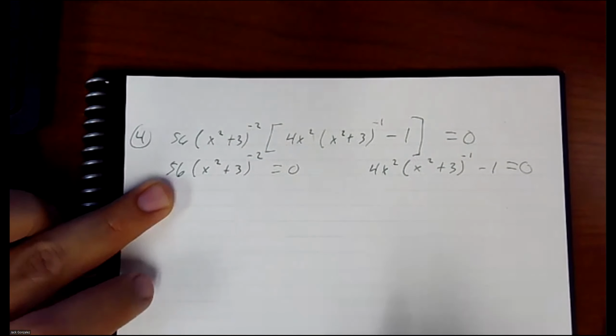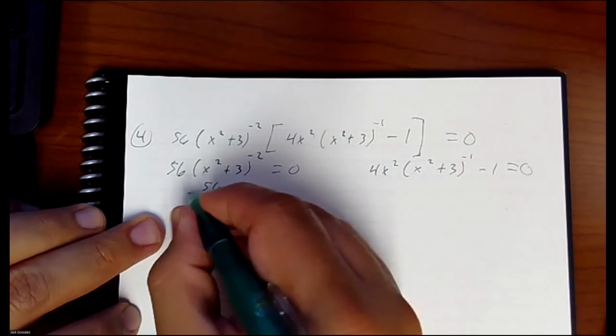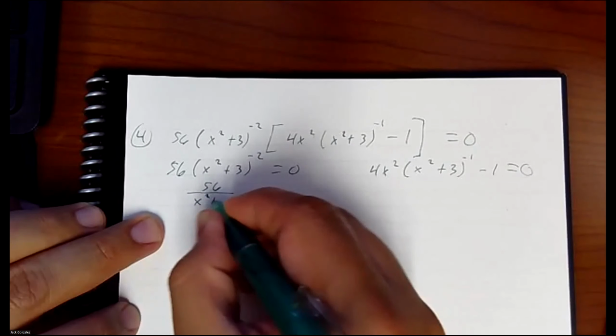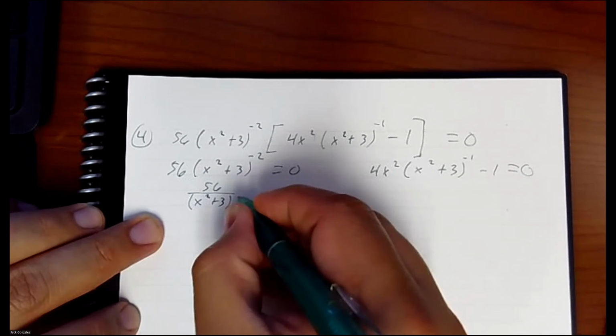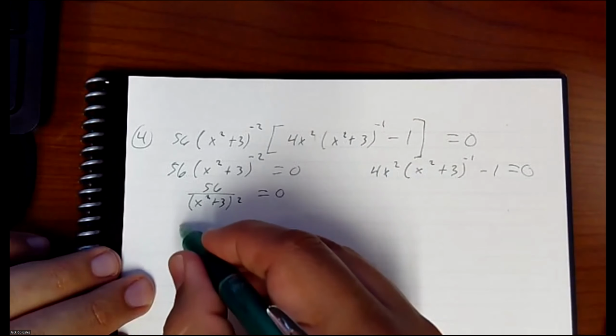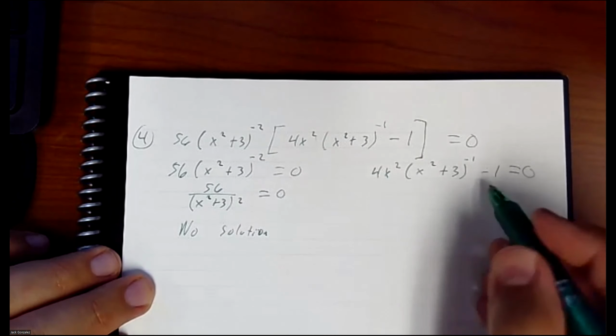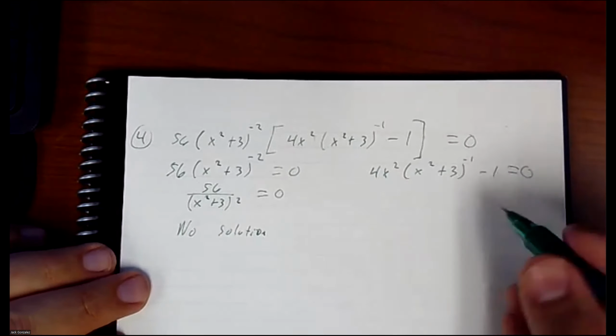This has no solution, because if you notice, this will never have a value that makes it 0. So don't worry about it. All we have to worry about is this guy. Let's move the 1 over.